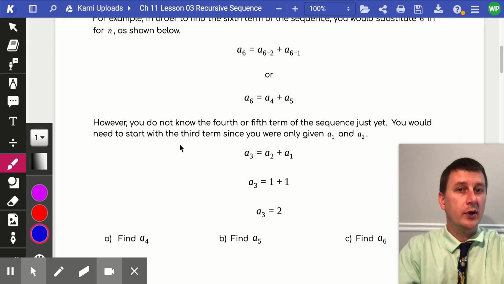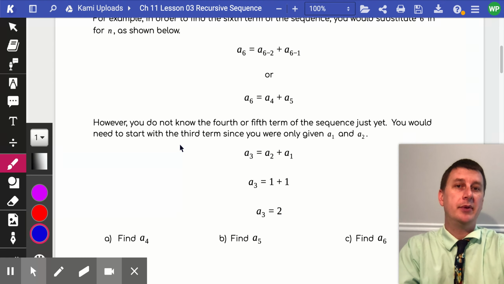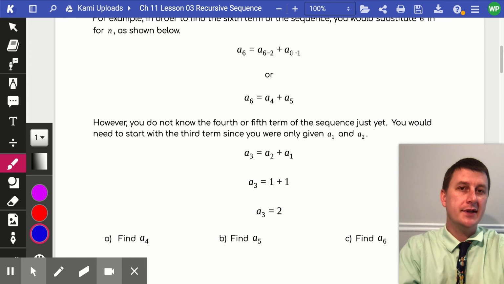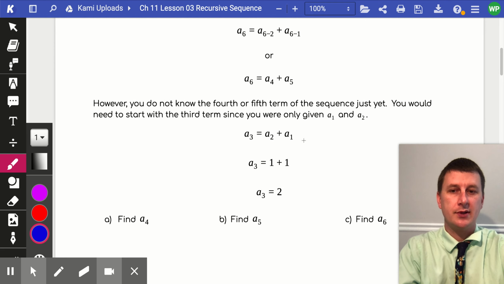But if we were just given the first couple of terms, we don't know what the fourth and fifth terms are just yet. For example, if this was a sub 100, we would have to find the 98th and 99th terms, but we don't know those. So you have to find every term before that to get to those terms.